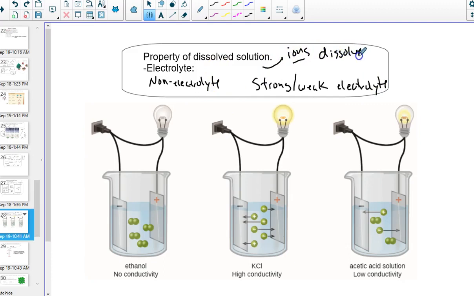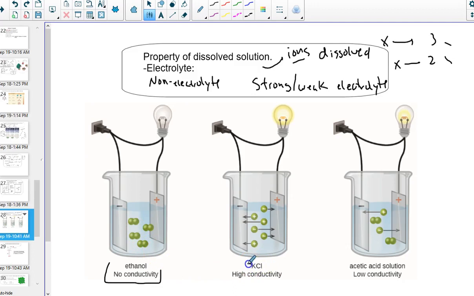Now, I mentioned to you before how one item will break into 3 things, or one item will break into 2 things. Well, the more ions you break into, the more you can conduct. So that would be one example of where how you're breaking apart does make a difference. Either way, here we have an example where there's ethanol and there are no charges present, so it's a non-conductor.